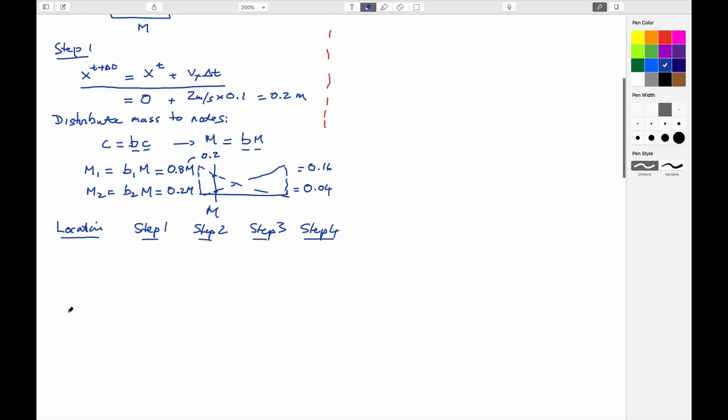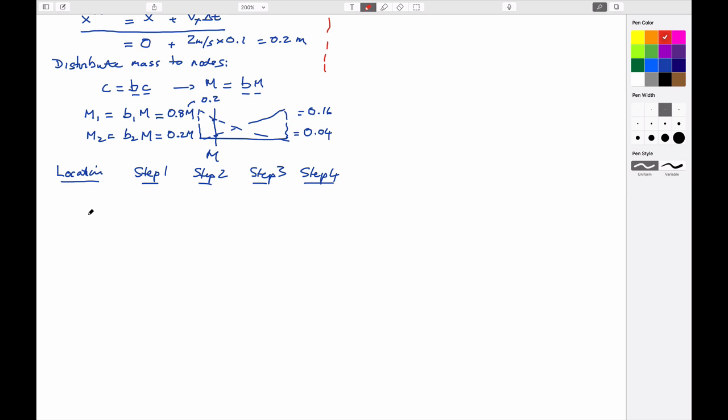The locations are just the physical locations of those nodes, or the masses, which could be at 0, 0.2, 0.4, 0.6, 0.8, and 1.0. And I'm going to draw a line that keeps these separate, so this is just between these two numbers.